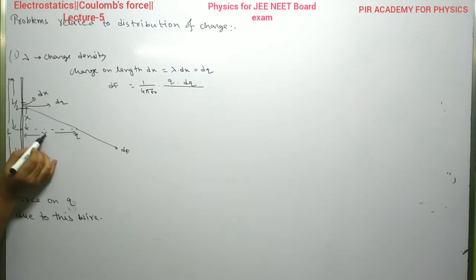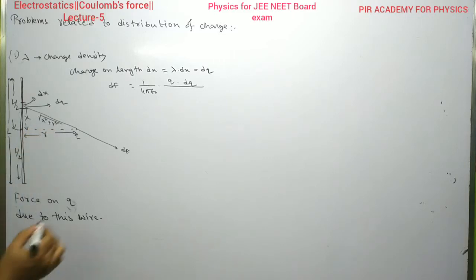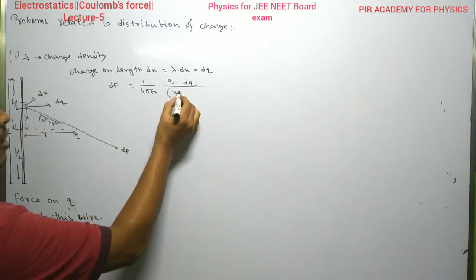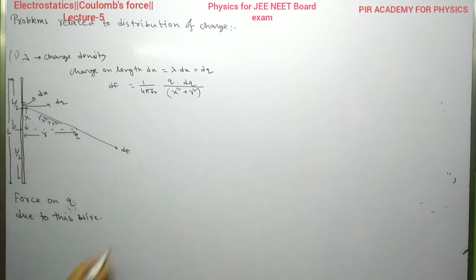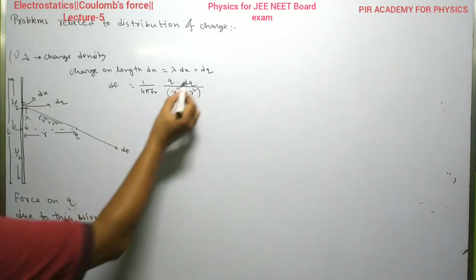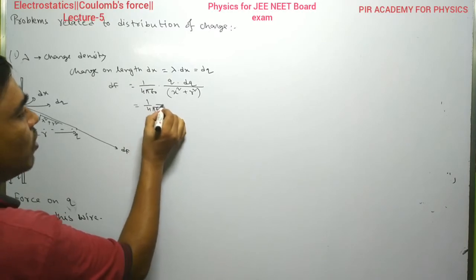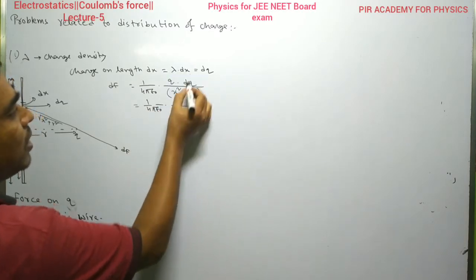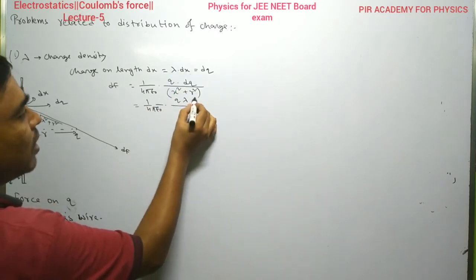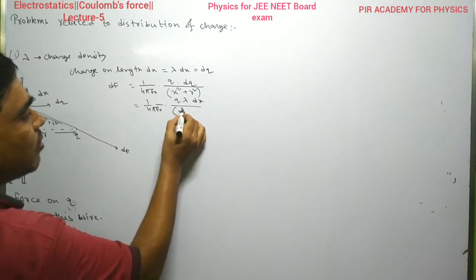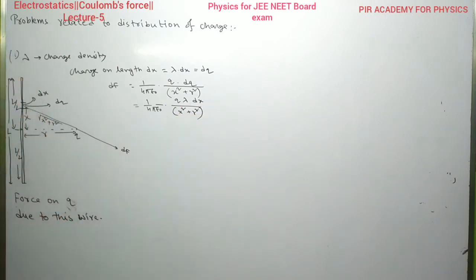This is x, this is r, so the distance squared will be x square plus r square. If I put this value, dF will be 1 by 4 pi epsilon naught into q lambda dx by x square plus r square.